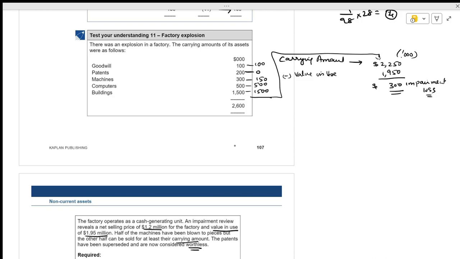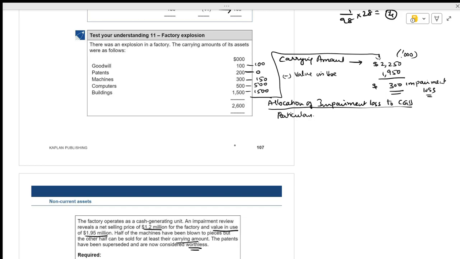That impairment is very simple. It's not difficult at all. You should know the shortcuts. Now we have to think over the shortcuts. First write the particulars: allocation of impairment loss to cash generating units.